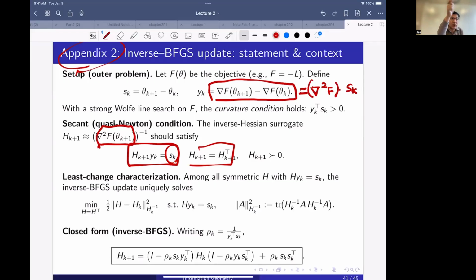The left side is the change in your tangent, and the right side is the change in your zeta. If you divide by here, this is a kind of numerical way of understanding the Hessian, but you don't want to compute the Hessian directly because that's too much.